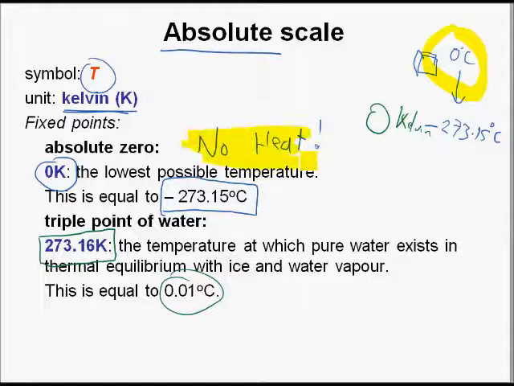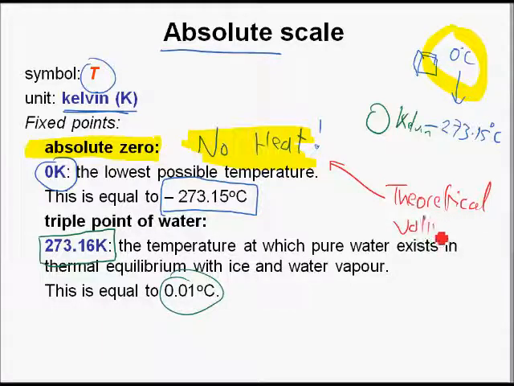We've got here a no heat 0, absolute 0. There is absolutely no heat here. One point to note, though, is that this is a theoretical value. That does not exist in nature.